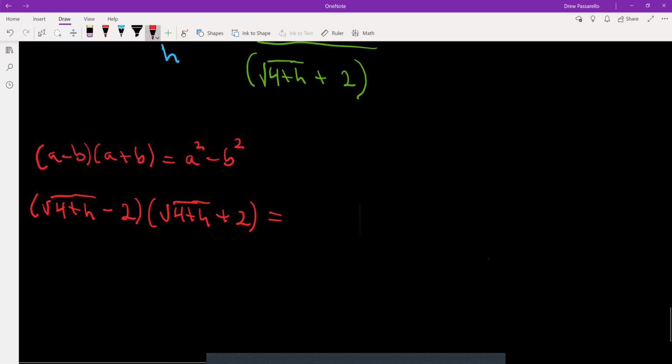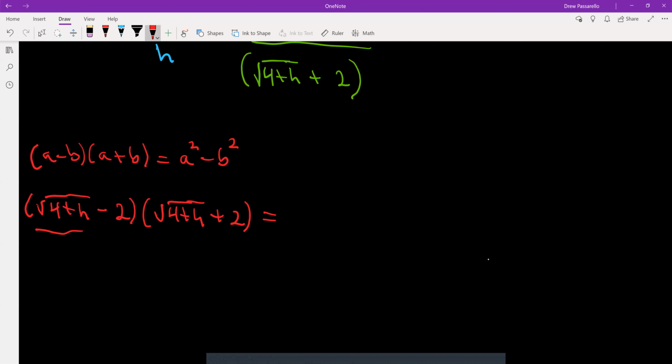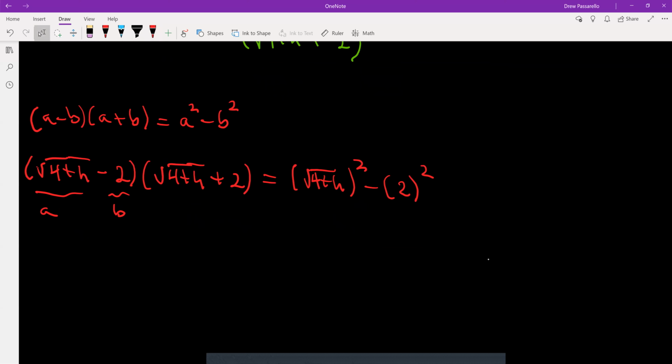So in this case, you can think of your a as this whole thing, square root of 4 plus h, and then 2 is what b is. So it's going to be square root of 4 plus h squared, according to the formula, and then minus 2 squared. Now, what does that do? That gets rid of the square root sign.